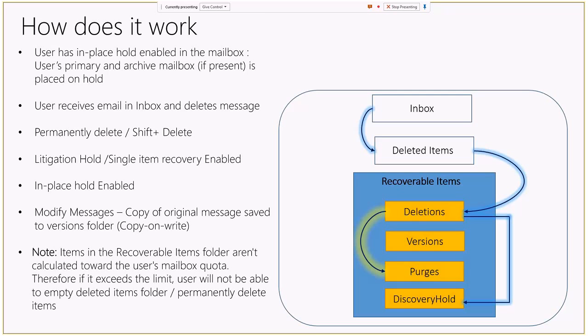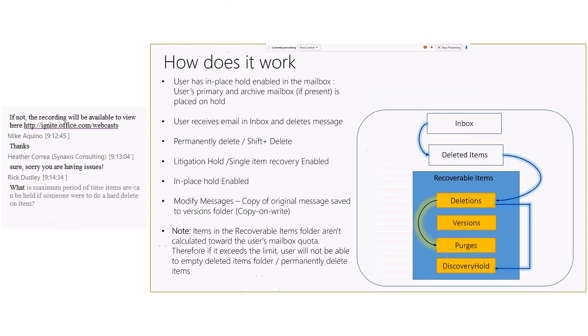So if the user is placed on hold and keeps on deleting messages, and it goes beyond the 100 gigs, they may not be able to delete messages and whatnot. At that time you'll have to call into us to increase the recoverable items quota limit.